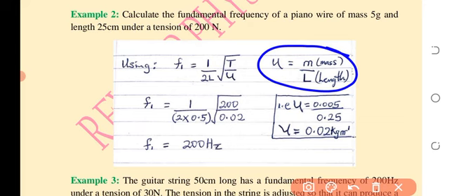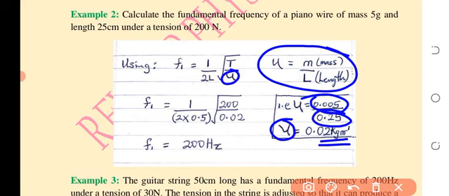The mass of the string is 5 gram, which is equal to 0.005 kilogram, as we can see here. And the length of the string is 25 centimeter, which is equal to 0.25 meter. So mass over length will give us 0.02 kilogram per meter, bringing that value into this formula here.